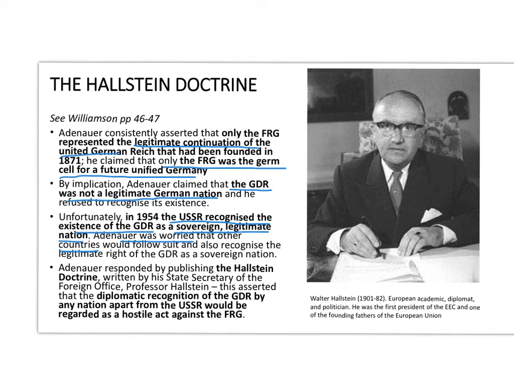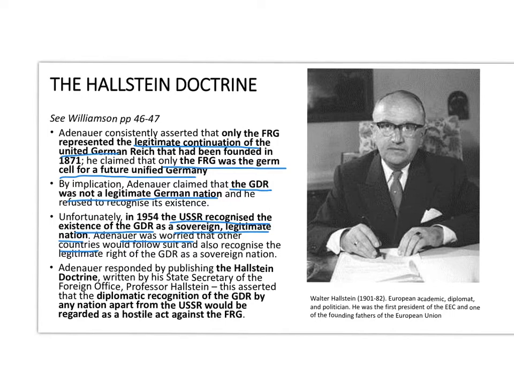For example, let's say Britain makes a trading deal with East Germany; by implication, they have recognised the existence of the East German state. So Adenauer was very determined to keep East Germany isolated, so that other countries other than the USSR did not recognise the legitimate right of East Germany as a sovereign nation.